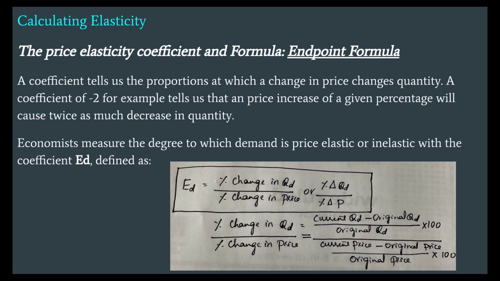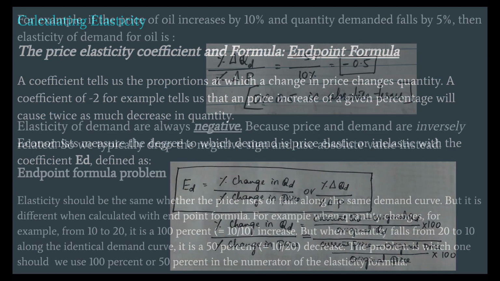Percentage change in QD is calculated by current QD minus original QD over original QD times 100. Percentage change in price is calculated by current price minus original price over original price times 100.